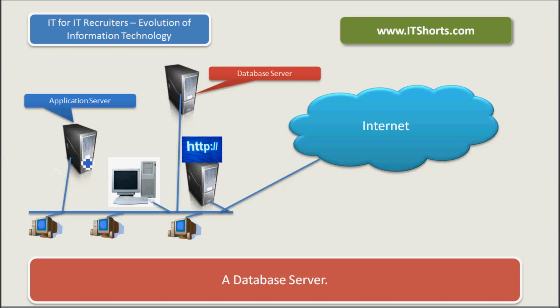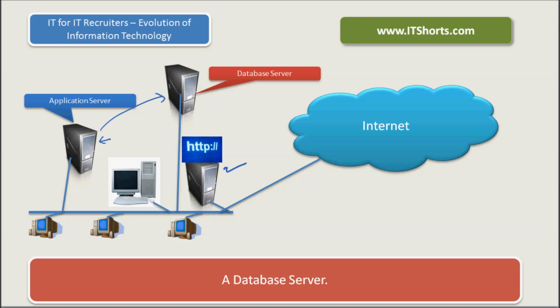So it would be like this. The web server presents the web page, and if any interaction needs to be made with the application server, it happens with the application server. The application server goes and talks to the database server and brings back the data or writes the data, right?